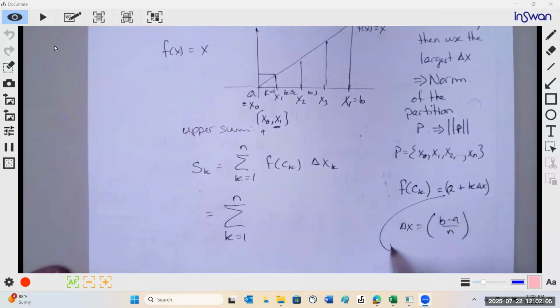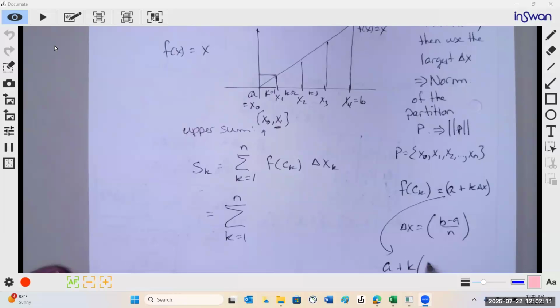So let's go right here. We have a plus k delta x, where delta x is b minus a over n.